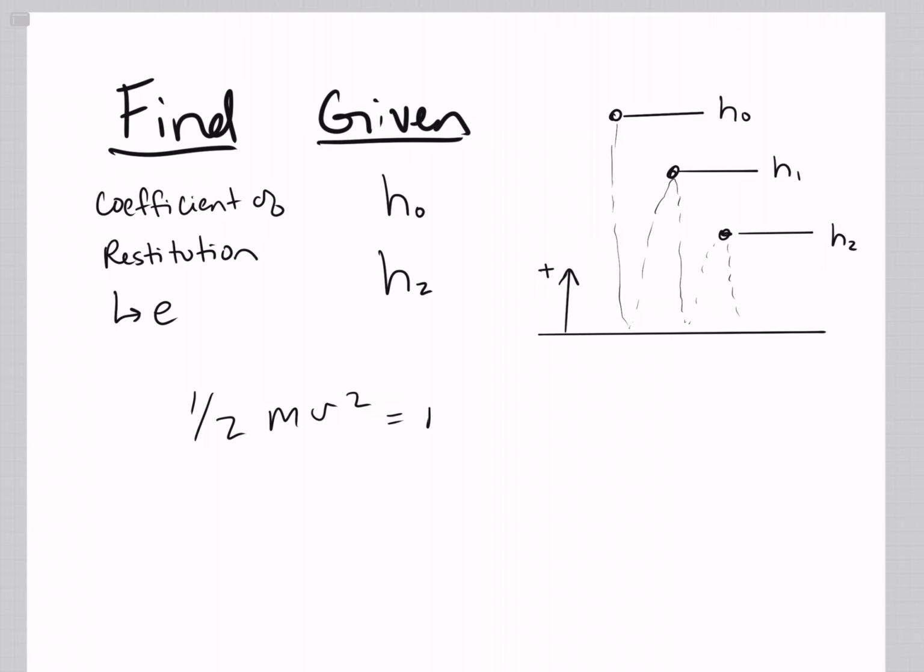First we'll use the energy equation. That is 1/2 mv squared equals mgh. M cancels out and we can solve for v, which equals the square root of 2gh.